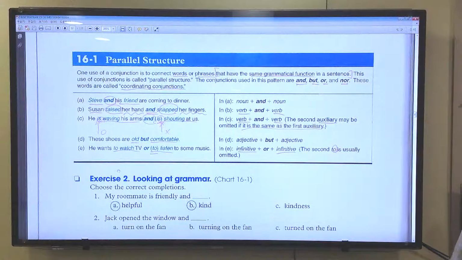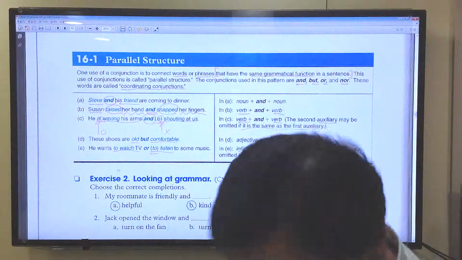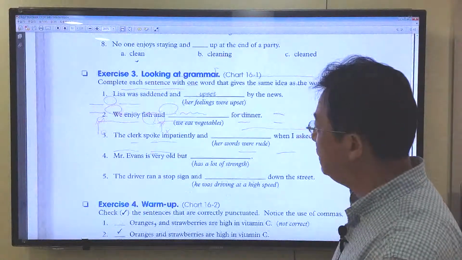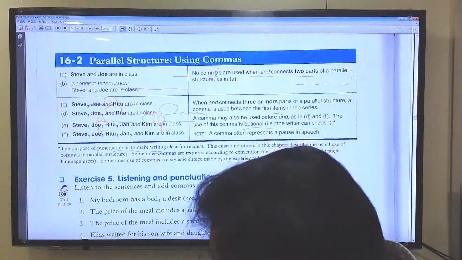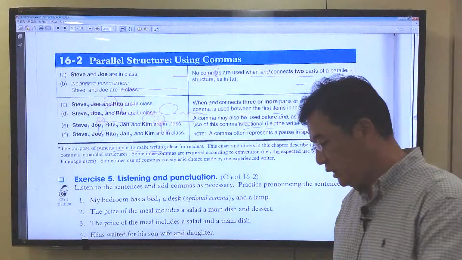Since the table is not that long, I'm going to get into the next table in the same video clip. So I'm going to cover table 16-2 on the same video. Table 16-2 is about parallel structure and using commas.